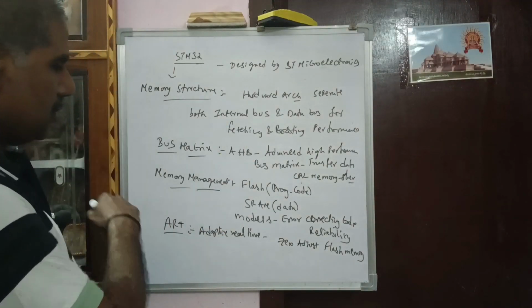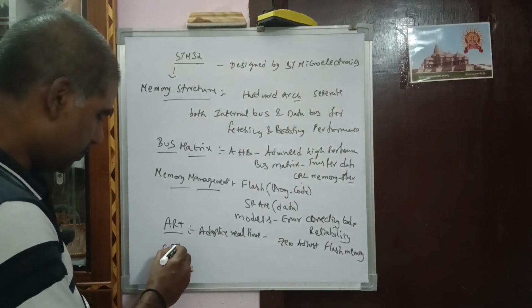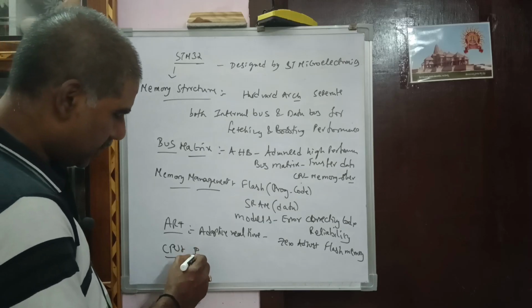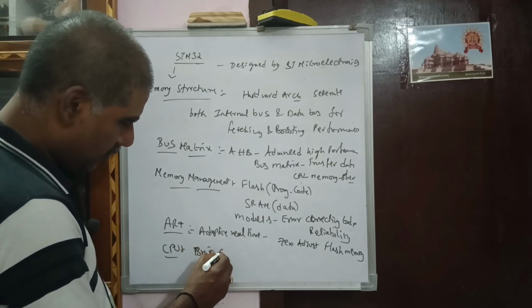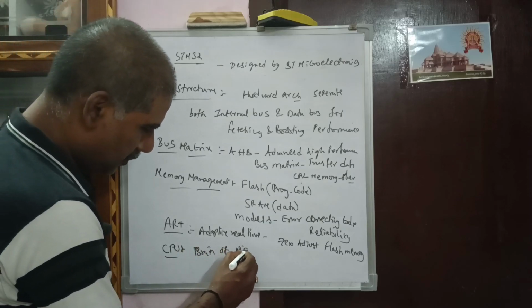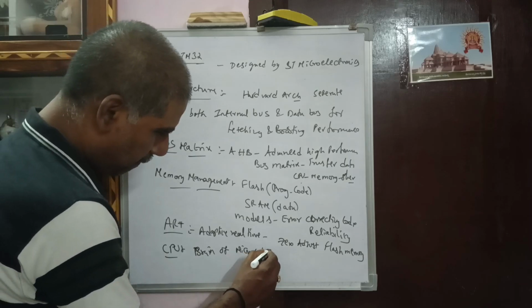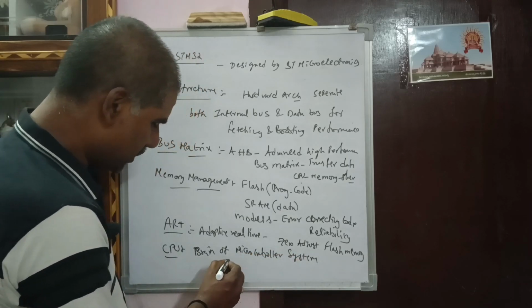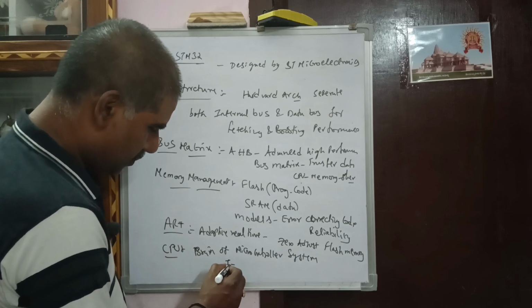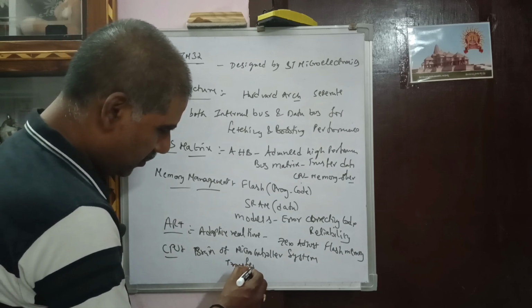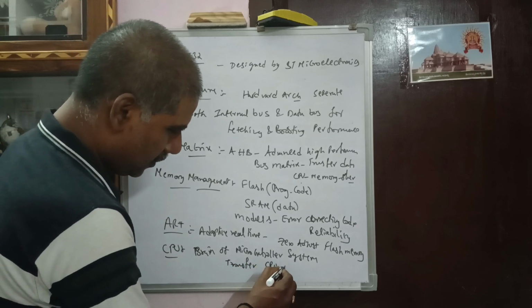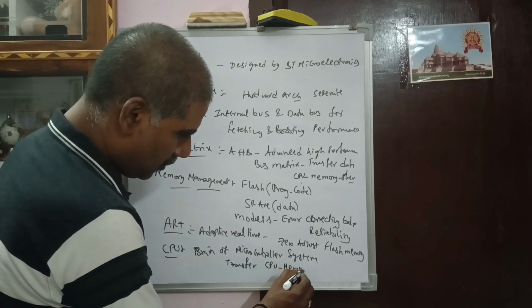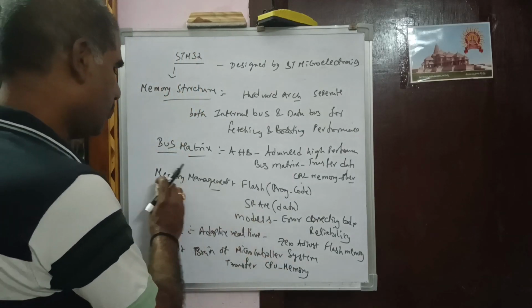Okay, next one is the CPU. It is the brain of the microcontroller system. It is used to transfer data between CPU and memory.